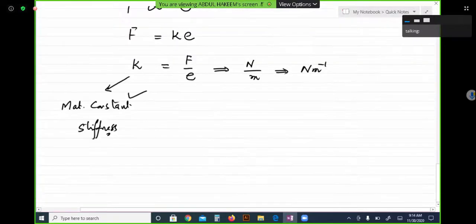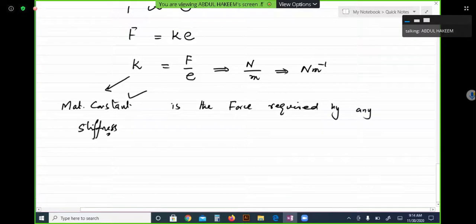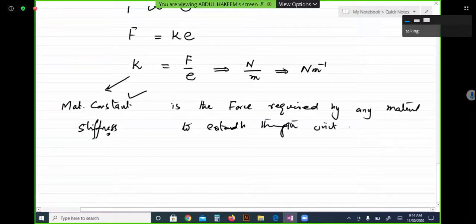Now, the definition of this material constant is the force required by any material to extend through unit length. Meaning how much force is required for 1 meter extension.